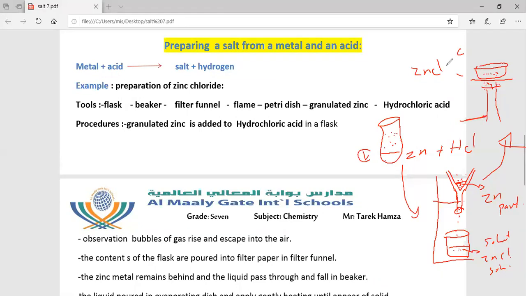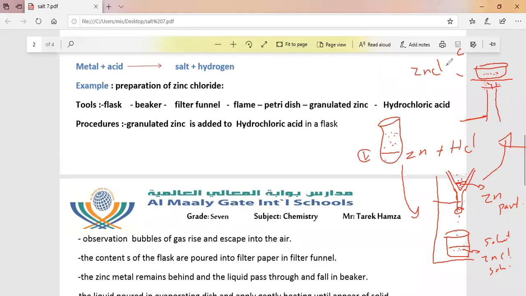Observation: there are bubbles from the reaction between zinc and hydrochloric acid. These hydrogen bubbles escape into the air. We wait until no more bubbles are formed, then take the content of the flask and pour it into the filter funnel.